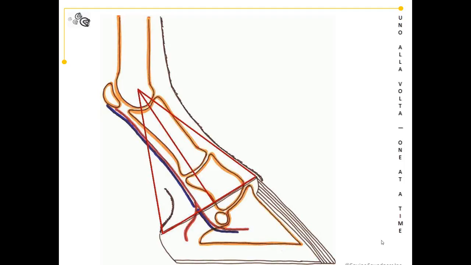I also published this in the Horse's Hoof, and I will send you that page of that article via email. If not today, I will do it tomorrow.